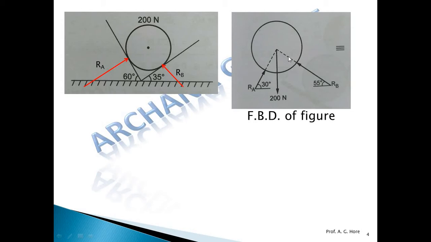And if the forces are concurrent, then we can apply Lamé's theorem. For that, we have to draw all these forces away from the joint: this is the force from the second quadrant, this force is from the first quadrant, and this is the downward force, and find the angle between each other.